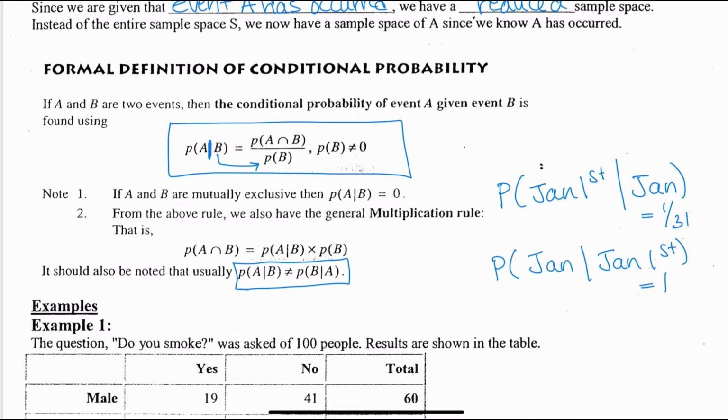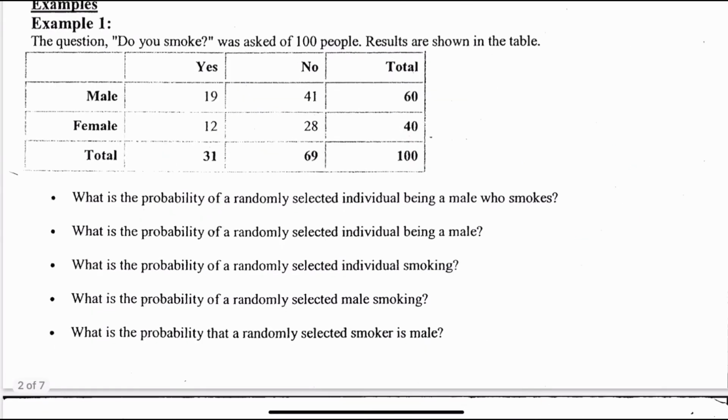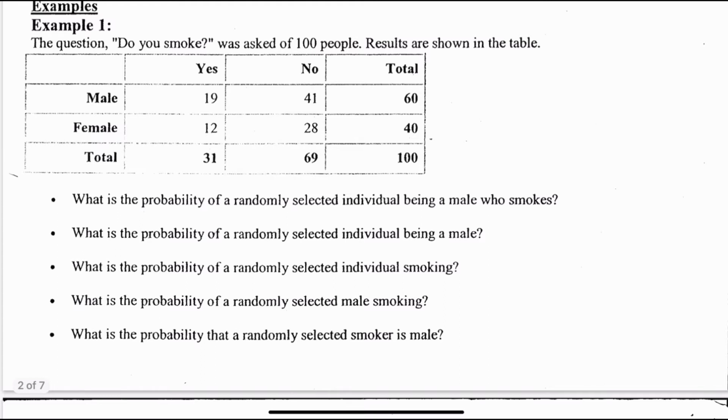If you know for a fact you were born January 1st, then the probability you were born in January is just 1. And notice that these two things are not equal to each other. So the probability of A given B is not necessarily the same as the probability of B given A. Go ahead and pause the video, take a look at example number 1, see if you can answer those questions by yourself, and then press play.